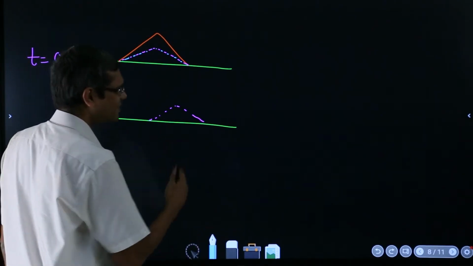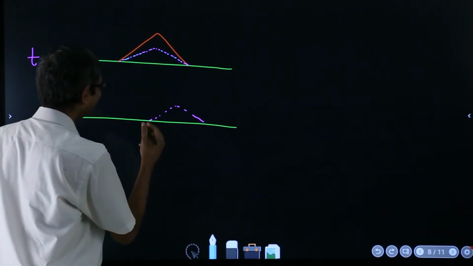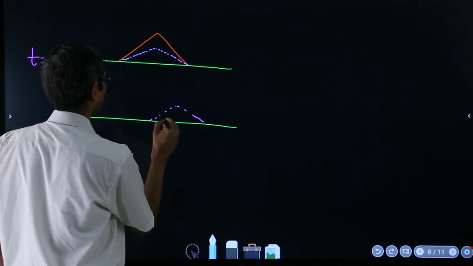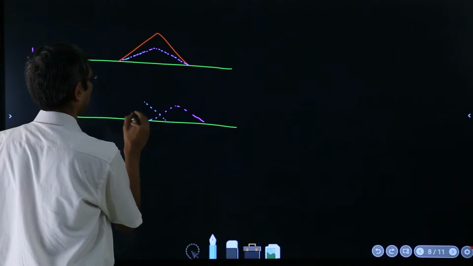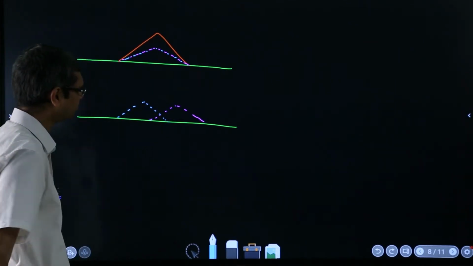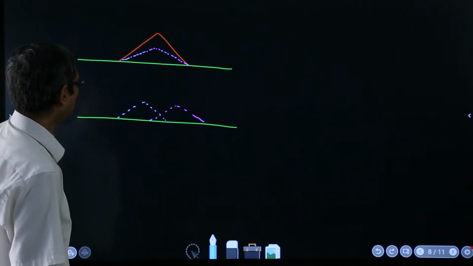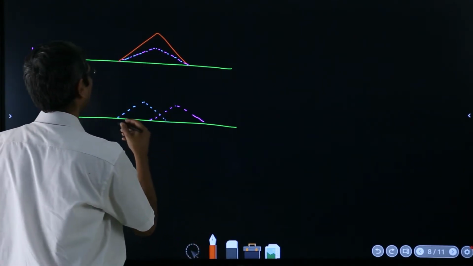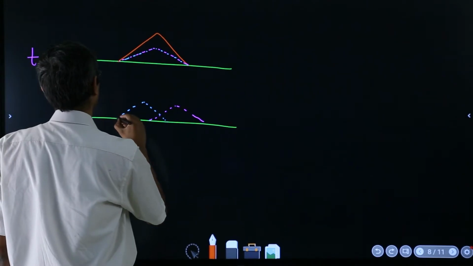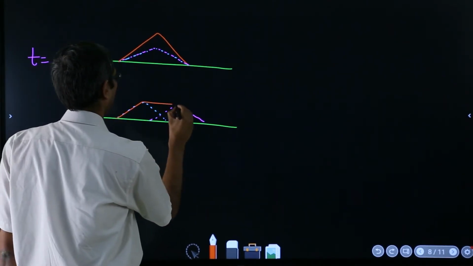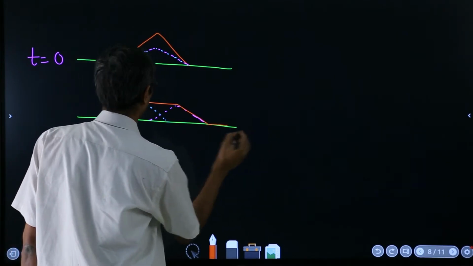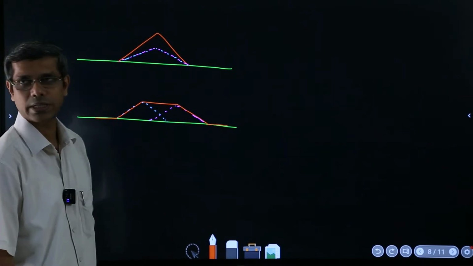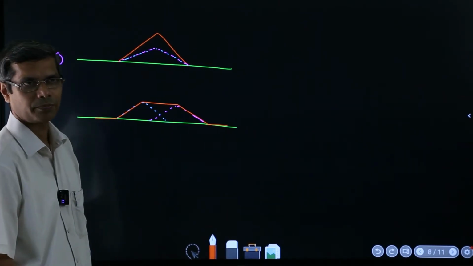I was thinking about the reflection because that's the next topic. Anyways, this one will be like this. So this will be the shape of the string after some time.